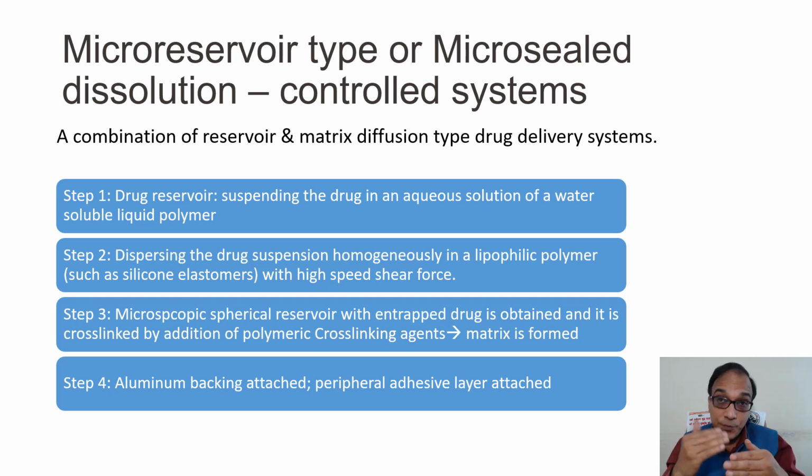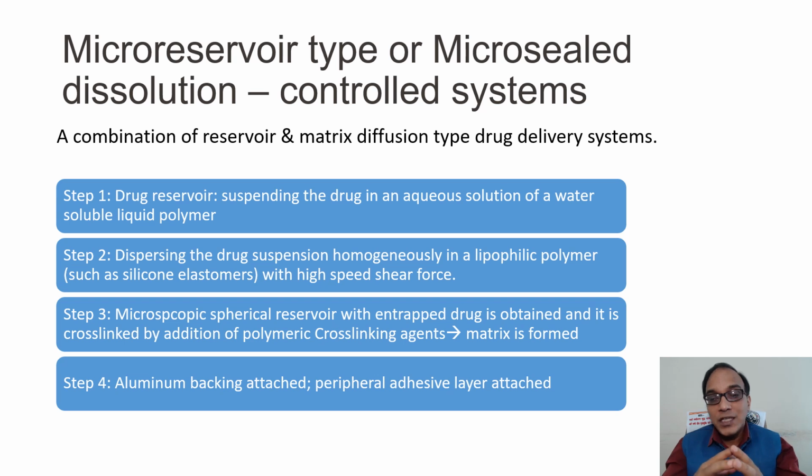In step 2, disperse the drug suspension homogeneously in a lipophilic polymer such as silicone elastomer with high shear force. In step 3, microscopic spherical reservoirs with entrapped drug are obtained, and they are cross-linked by addition of a polymeric cross-linking agent, thereby forming the matrix.